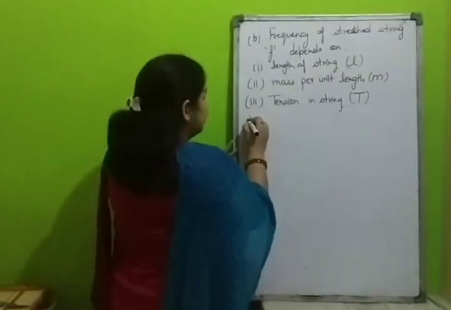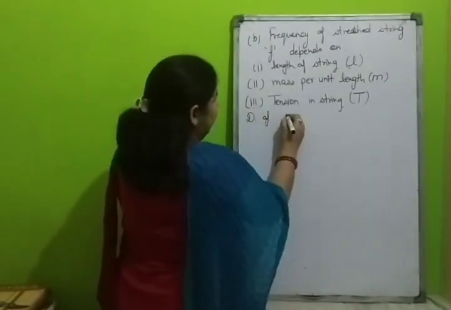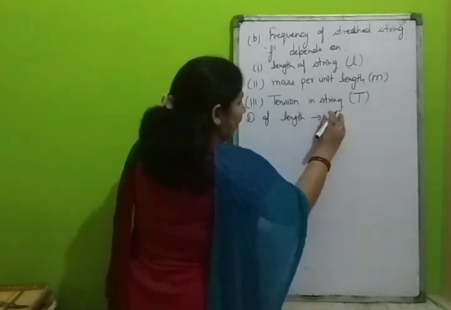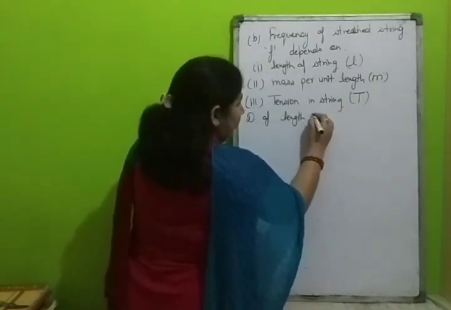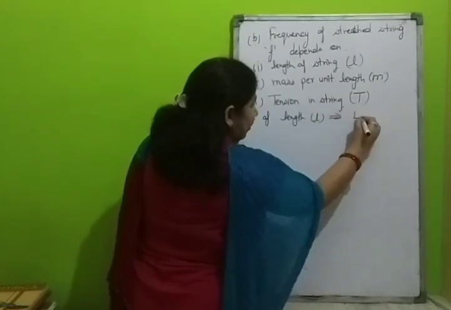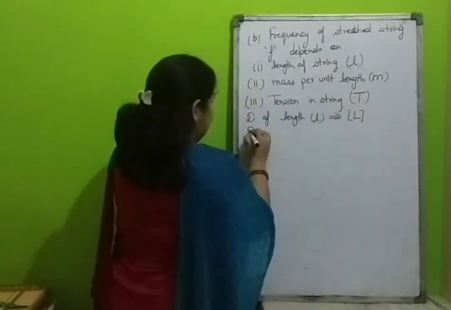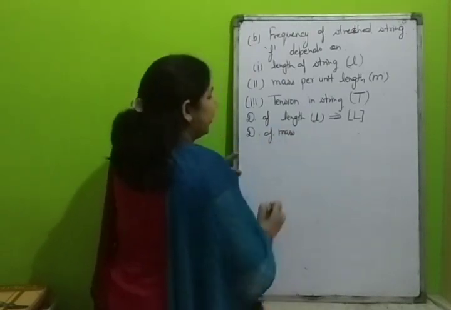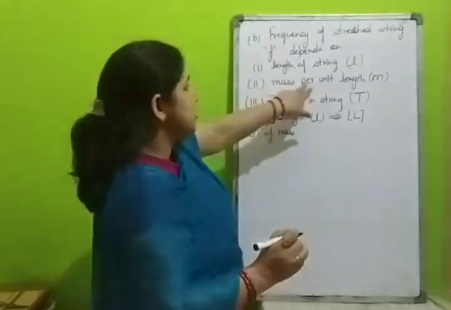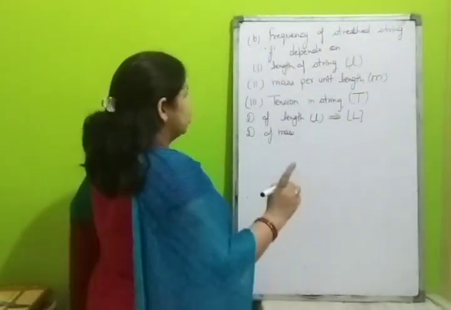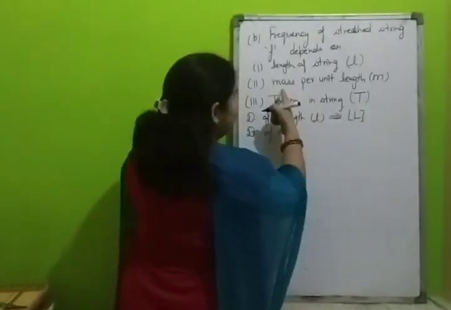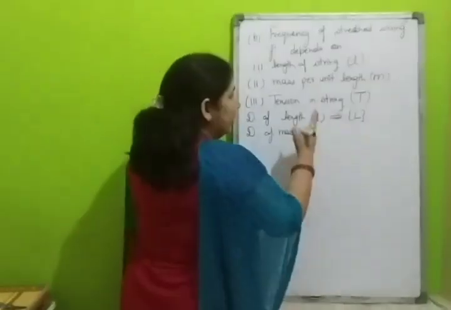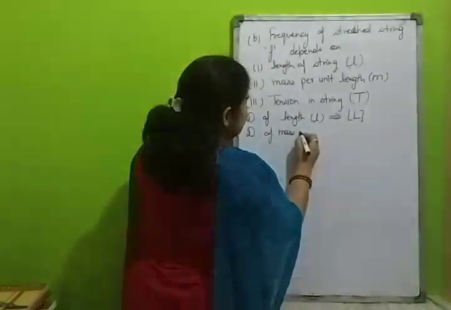Then the dimension of length is L, and the dimension of mass. It is to be noted that mass per unit length changes the dimension.